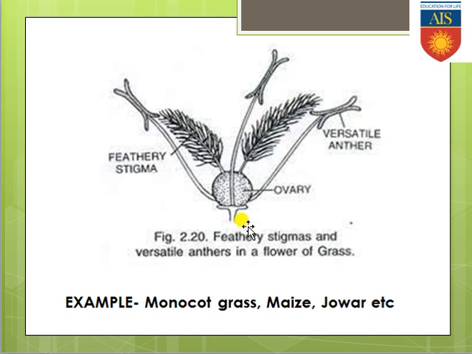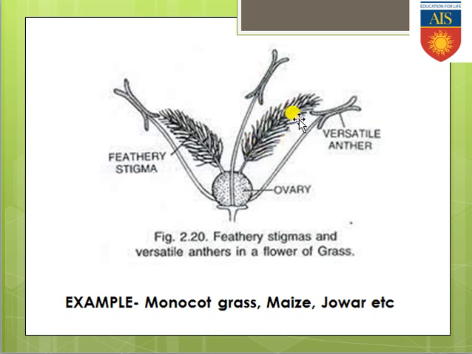In this slide we can see the feathery stigma. The stigma actually has a feather-like structure. Why? So that the pollen grains which are coming from the surface of the anther get transferred through the air.